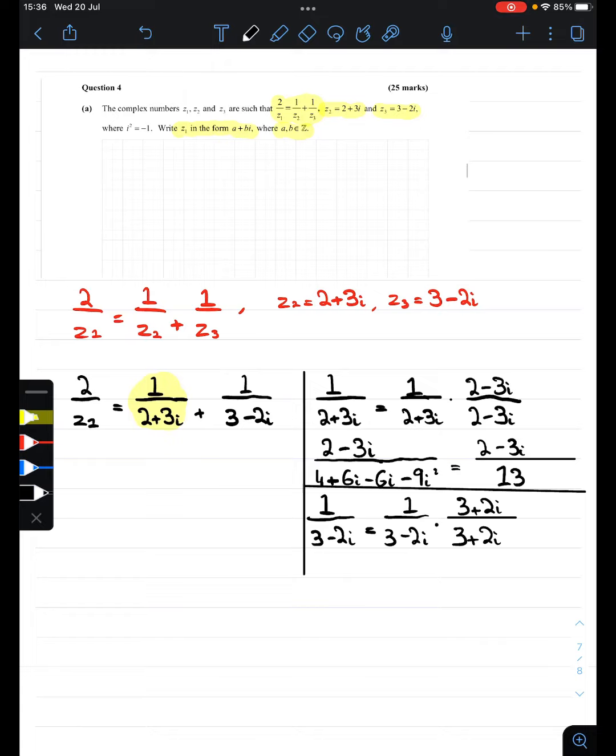Now if we again multiply top by top and bottom by bottom, we get 3 plus 2i over 9 minus 6i plus 6i minus 4i squared, which is just plus 4. And this equals 3 plus 2i over 13.